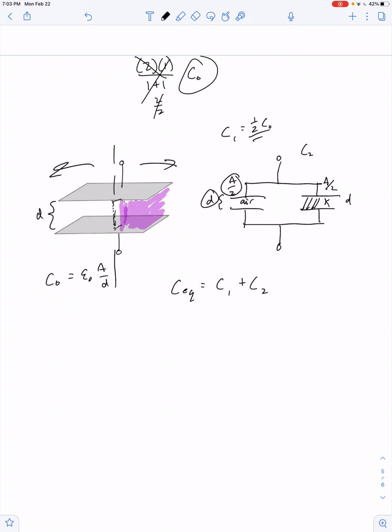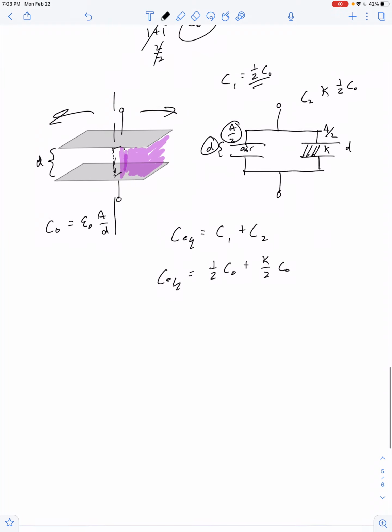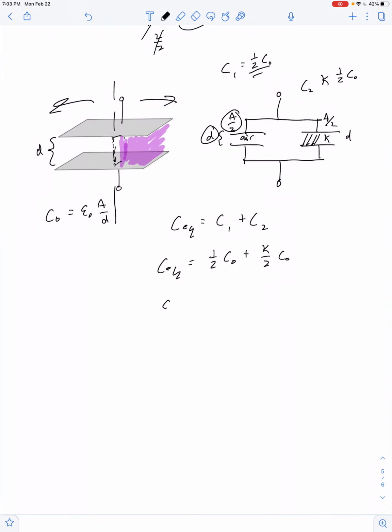And then our other capacitor C2 would be kappa times 1/2 C naught. So our equivalent capacitance is 1/2 C naught plus kappa over 2 C naught.